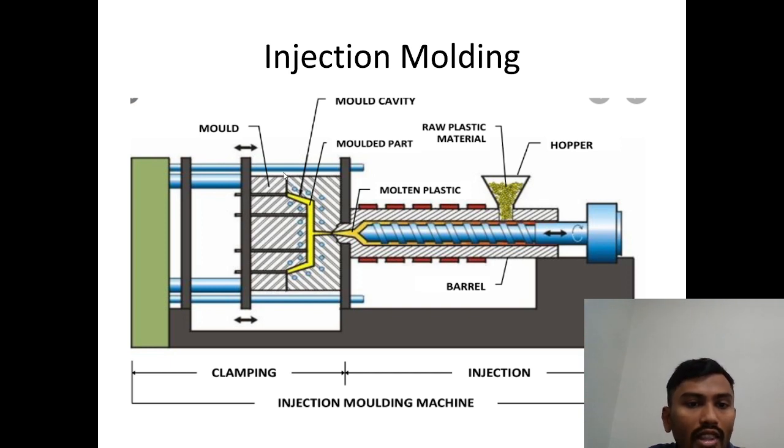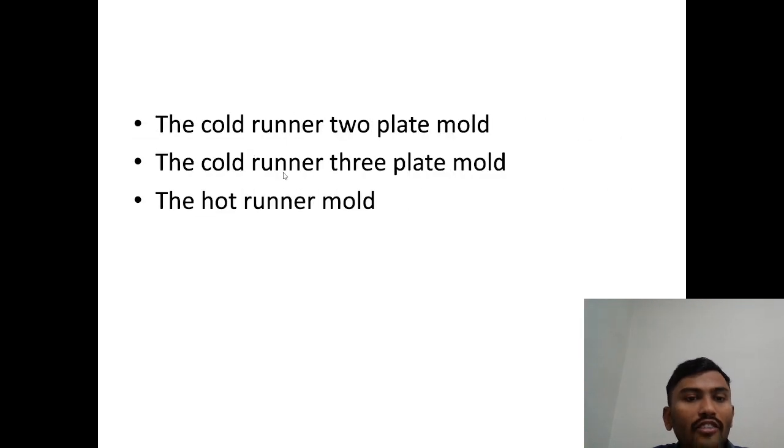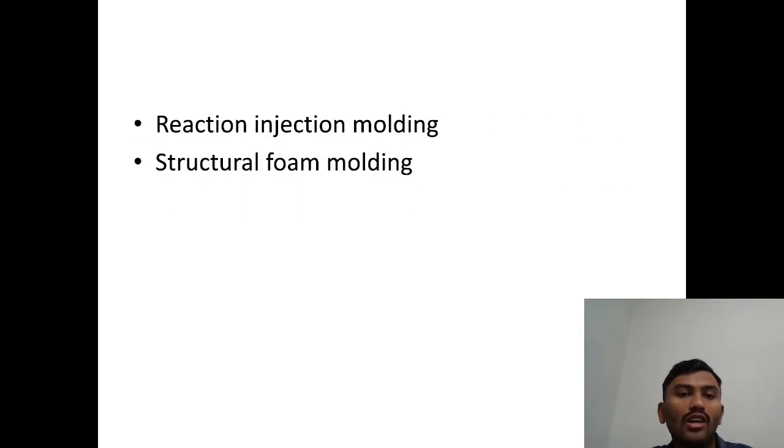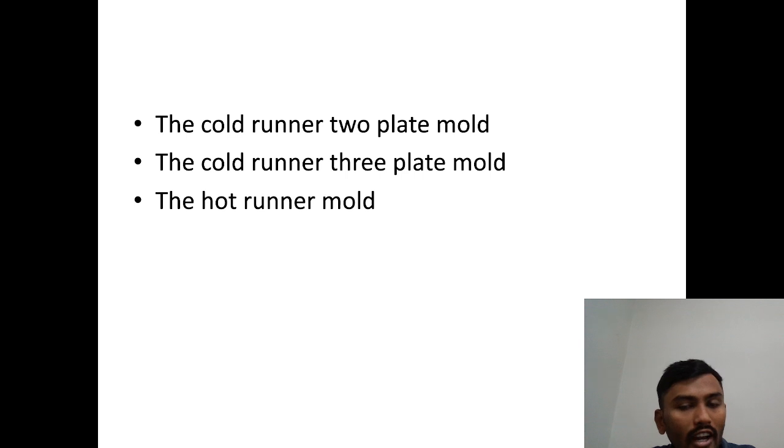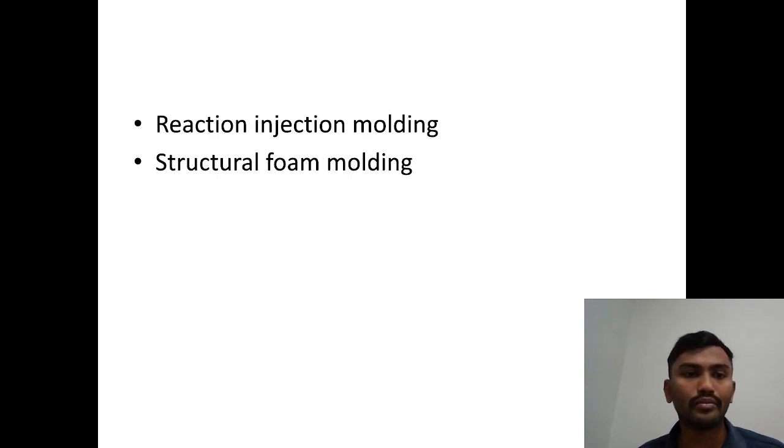We can use different types of molds like cold runner two-plate mold, cold runner three-plate mold, and hot runner mold. The process remains the same, but depending on the product, you use a two-plate mold, three-plate mold, or hot runner mold.